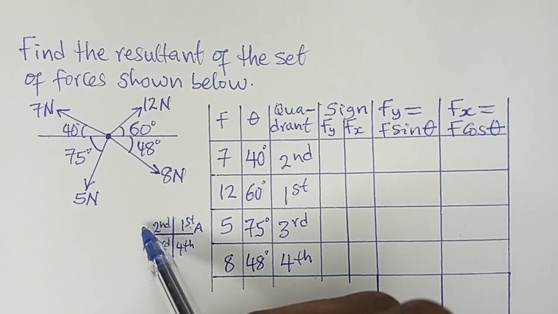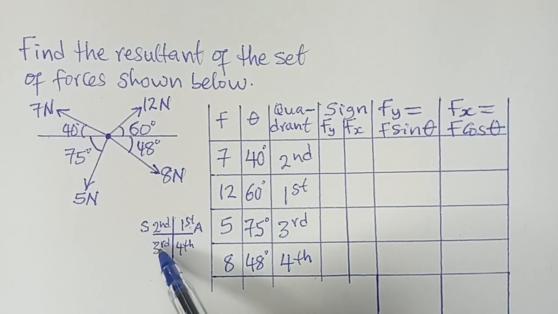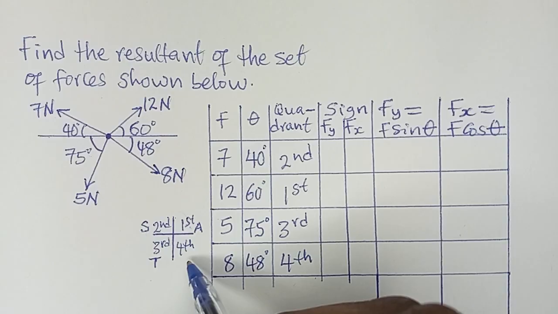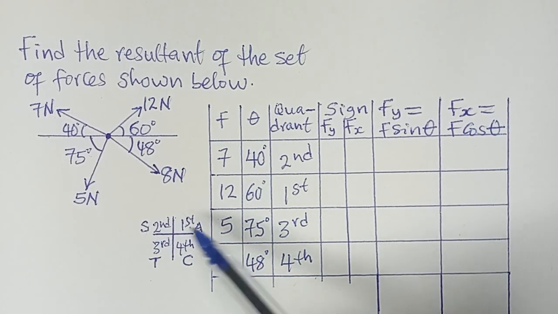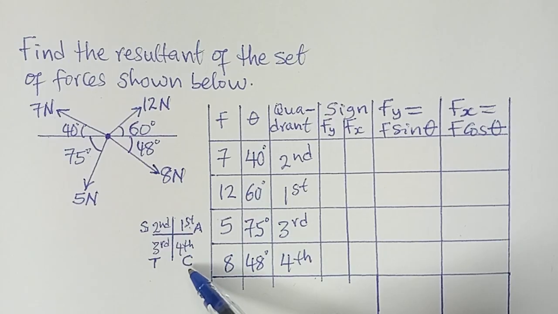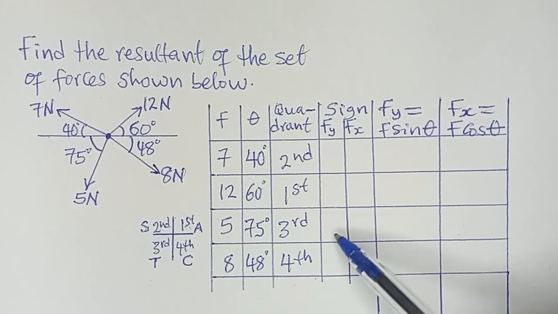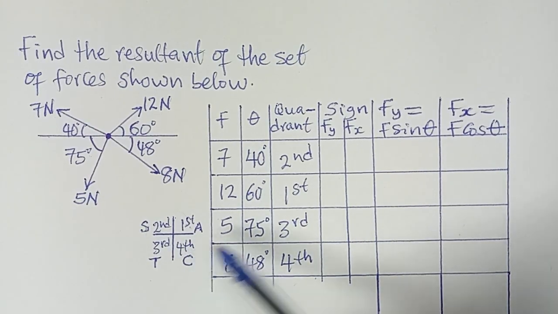But in this second quadrant, only sine is positive. In this third quadrant, only tangent is positive. And in this fourth quadrant, only cosine is positive. So this all sine, tangent, cosine rule can help us in assigning the positive and negative signs to these values using the quadrant method.